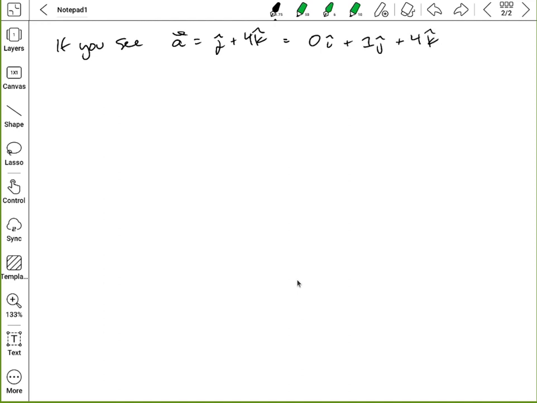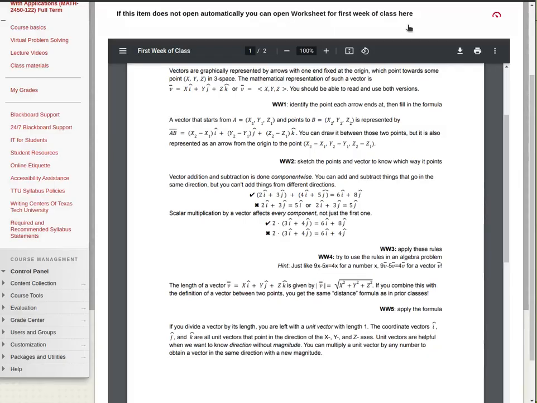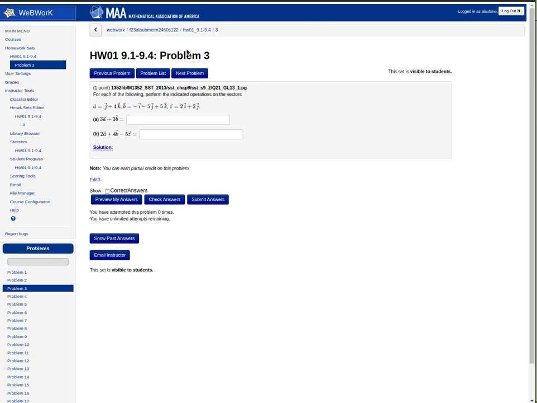So sometimes people are wondering, how do I add with something that has an I hat and something that doesn't have an I hat? Anytime you don't see that I hat, it's because it's a 0 and it's just kind of hidden. Otherwise, I don't think anything really fancy is happening in those problems.